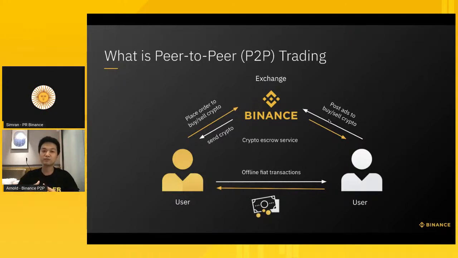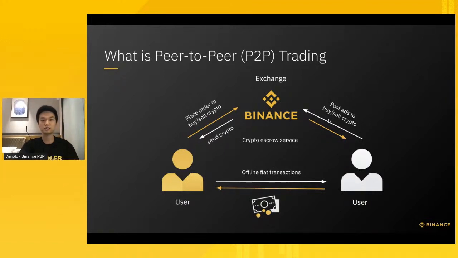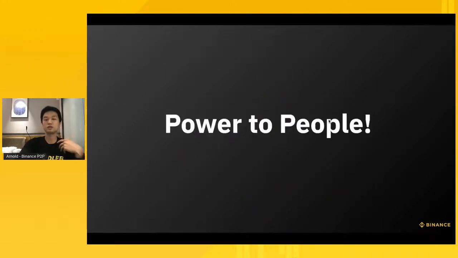So I personally believe this is one of the best ways to trade cryptocurrency, because it's more decentralized compared to using a credit card or a direct deposit. We like to say that P2P is not just peer-to-peer, but it also means power to the people.